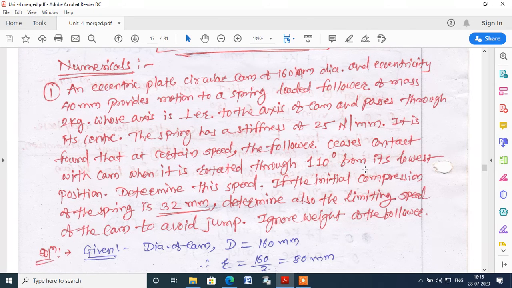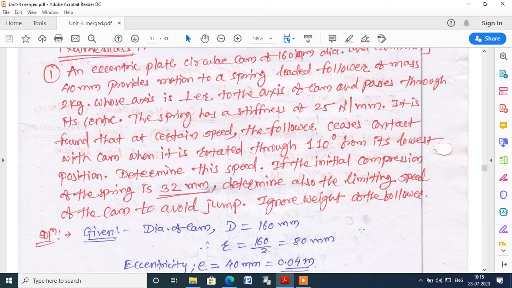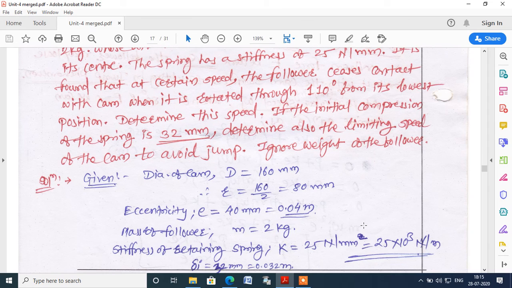It is found that at certain speed, the follower ceases contact with the cam when it is rotated through 110 degrees from its lowest position. Determine the speed. Then, if the initial compression of the spring is 32 mm, determine also the limiting speed of the cam to avoid jump. And here, ignore weight of the follower.